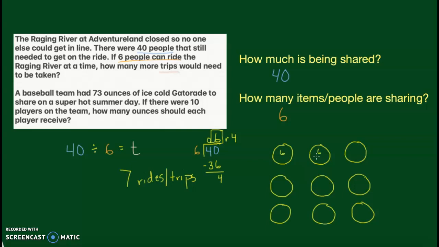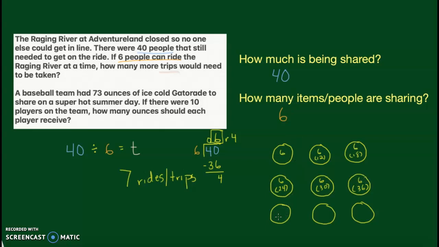Then we could put 6 on this one, which would get us to 12. 6 on this one would get us to 18. 6 more would get us to 24. 6 more would get us to 30, plus 6, that brings us to 36.